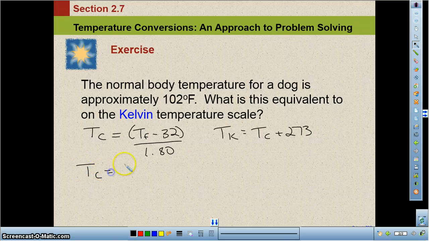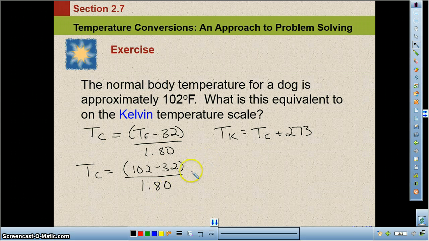Okay, so let's go ahead and use this. Temperature Celsius equals 102 minus 32 divided by, I'm sorry, 1.80. Okay, so one of the things that I want to bring out at this point is, remember the calculator is only as smart as the person putting numbers into it.